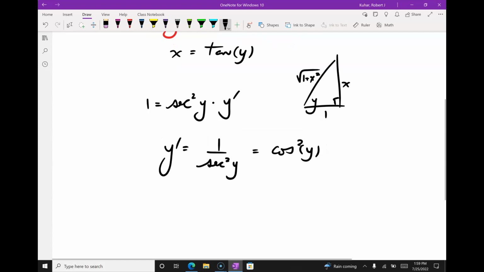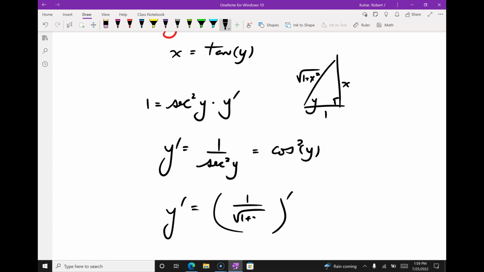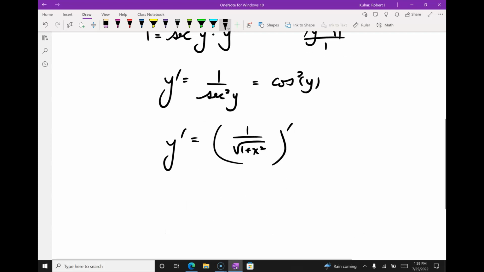And then I can go back to my triangle and I get y prime is what? What's the cosine? Nice. So final answer, that's a square, sorry. Final answer is 1 over 1 plus x squared.